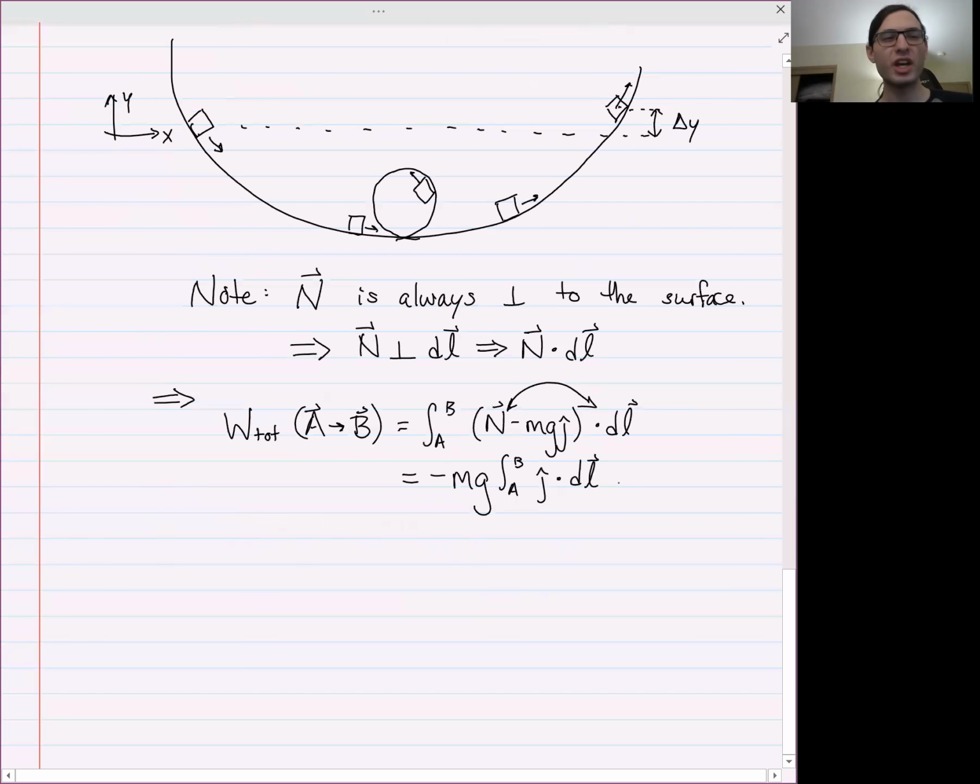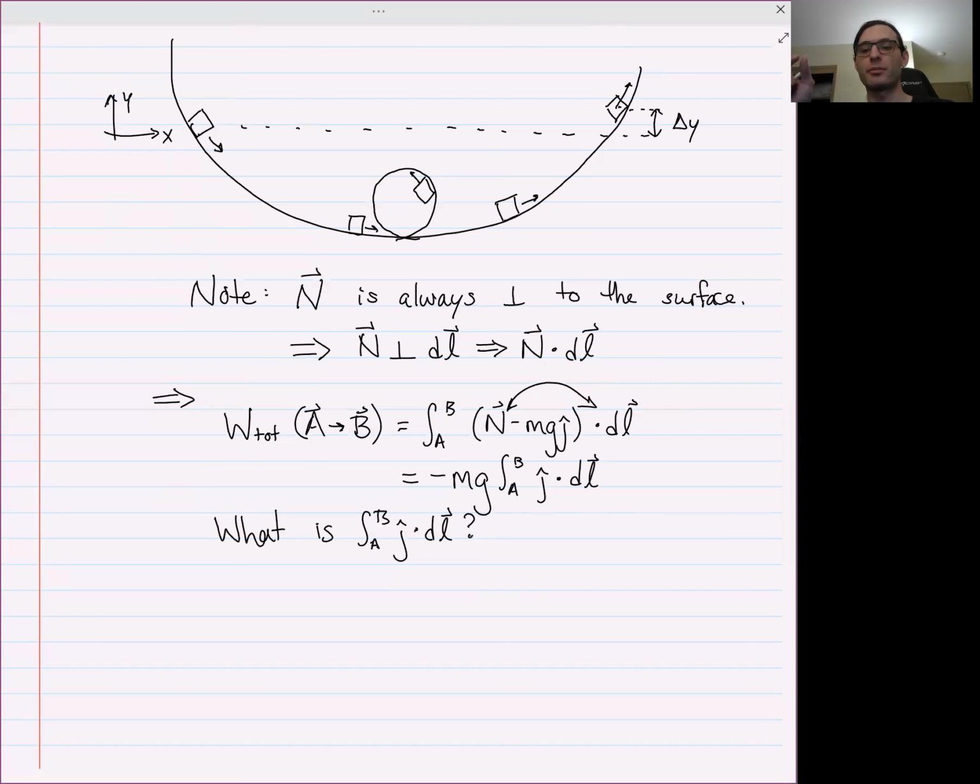But if we think about this for just a moment, and we're going to talk about this in more detail, what is the integral of j dot dl? Well, dl tells us both the magnitude and direction that we go in for each infinitesimal chunk of path. Now, if we dot that with the j hat vector, that would give us the projection of the dl vector in the y direction.